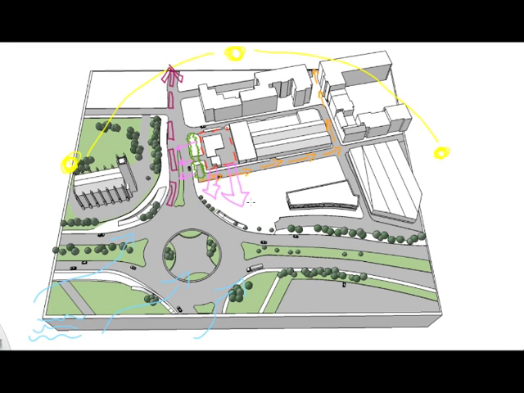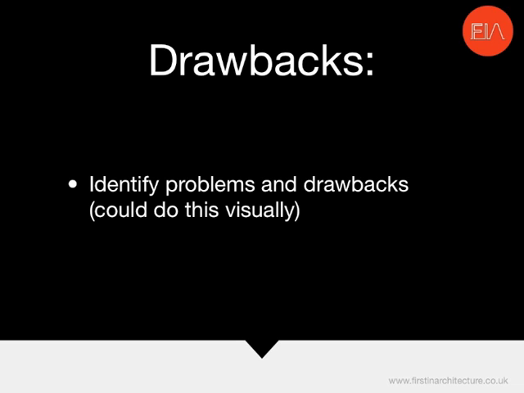So yeah, you get the idea of how to create a bit of interest directly onto your site plan, whether that's a 3D plan or 2D, it doesn't really matter. You can put all of this information on and then just on the side here give an idea of what all of these colour codes mean, etc. You also want to identify some of the problems and drawbacks within the site, and a good way to do this again is perhaps marking up on a plan to show a busy road or a noisy factory or something like that that could have an impact on your site.